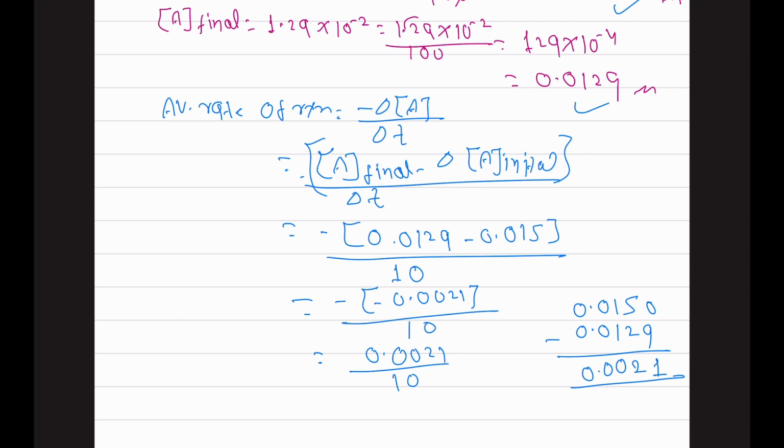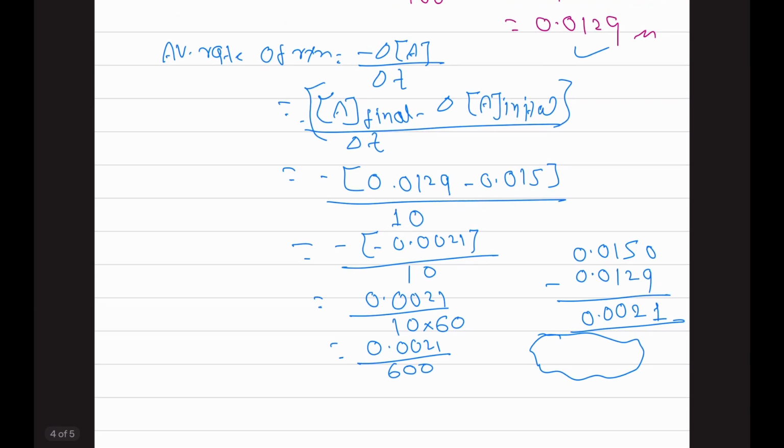If we calculate it, according to the option, first we convert minutes into seconds. So 0.0021 upon 600.